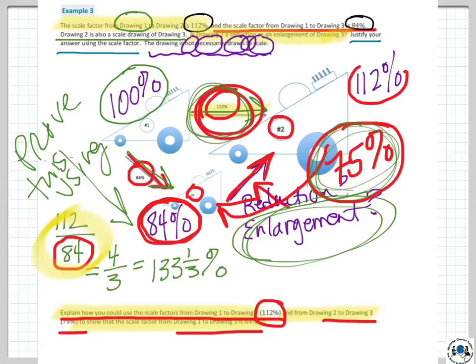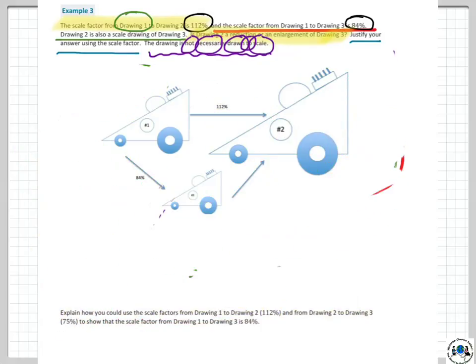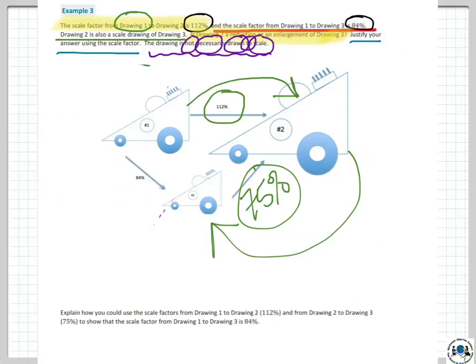Okay, let's give this a whirl. Let's get rid of all this. First, get that big mess out of our way here. Okay, so we are trying to explain how we could use that scale factor going from 1 to 2, which is 112%, and using that scale factor from 2 to 3 of 75%.